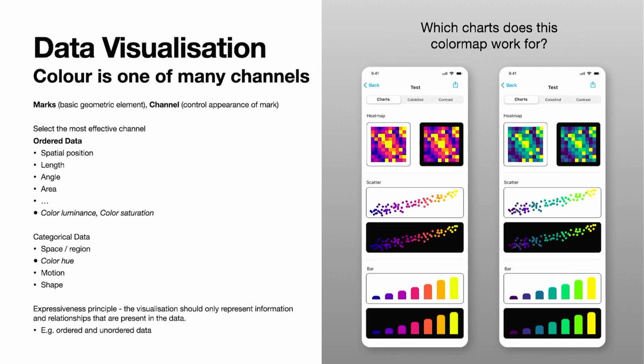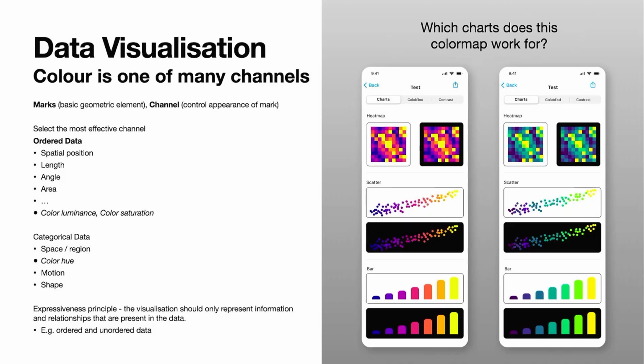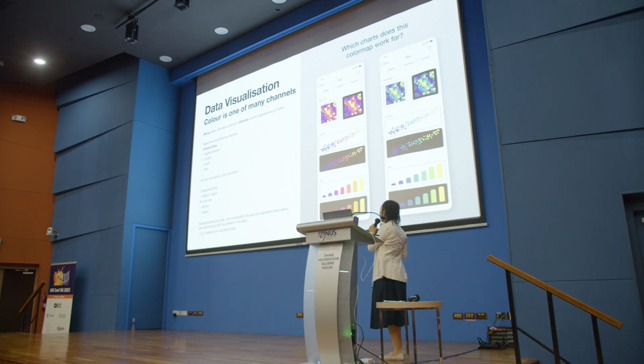It's a very effective channel to communicate your categorical data, whereas if data is going to be ordered, if it falls in a particular order, that's when your lightness and your saturation start to play a role.